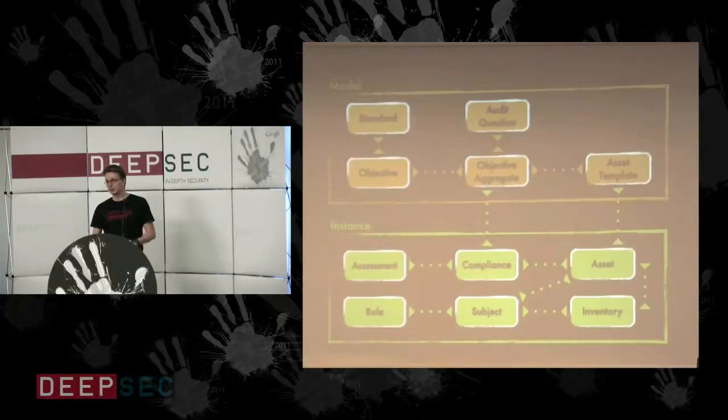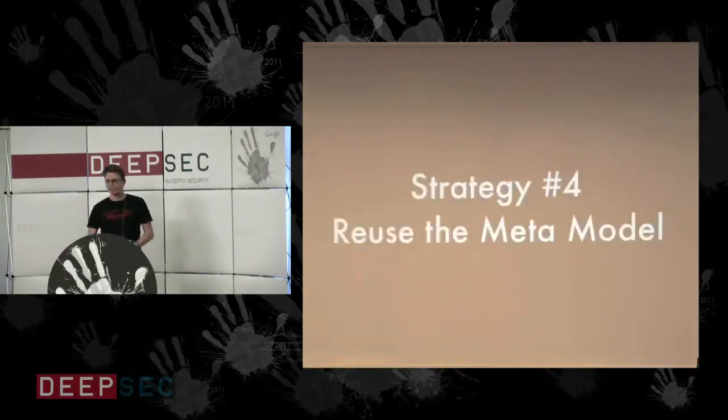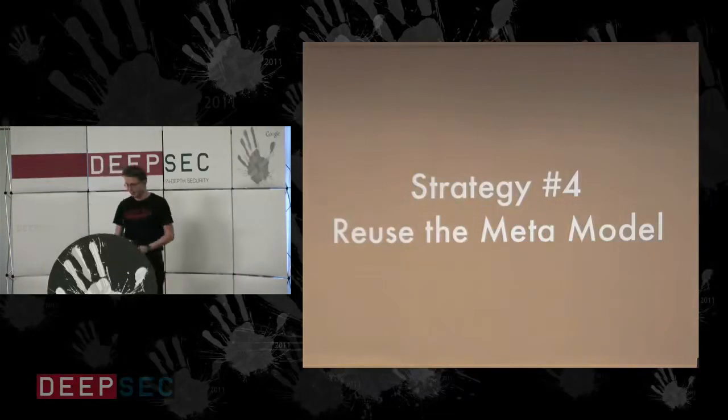Let's use what's already there, just import it into our tool and use it from there. What we then thought about was that if we have that data model or meta model, we could use it for other things as well. And the first thing which came to mind was risk assessment.